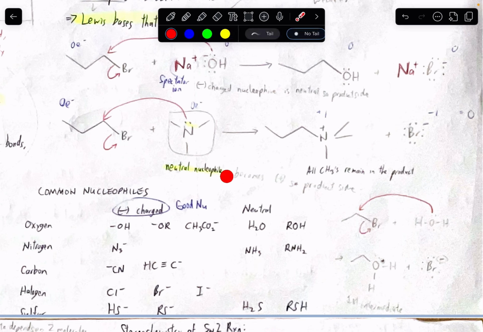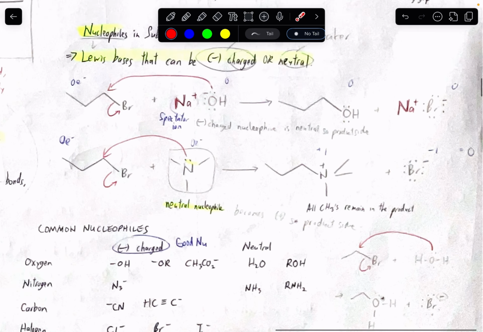What if the nucleophile were neutral? So in this case, nitrogen, you don't have to put a negative sign anywhere. You see five connections. I mean 5 electrons. So you point to the alpha carbon, and then this arrow pointing to the bromine.